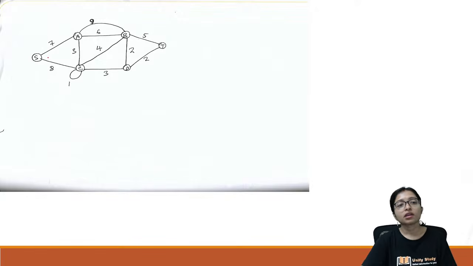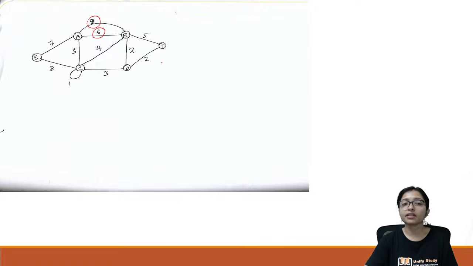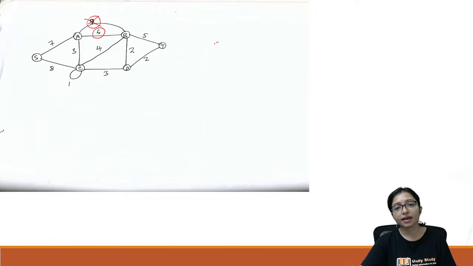Here you can see one thing: here is a parallel edge. Here is 9, here is 6. Whenever a parallel edge is there, first of all we have to remove the parallel edge. Whichever is less, I will take; whichever is greater, we will remove. So I am drawing this graph again.